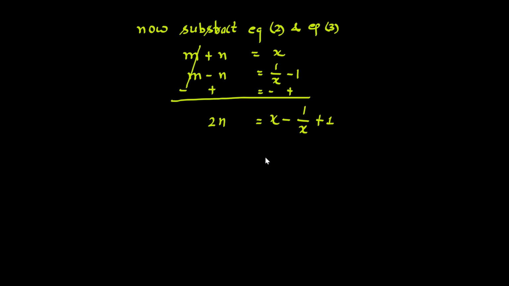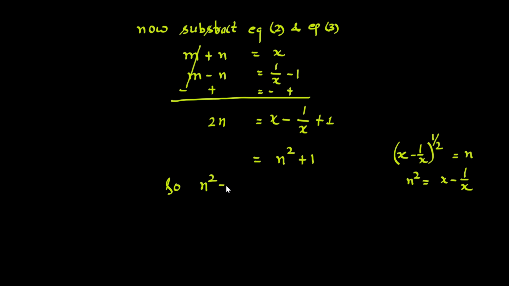So we can write here (x − 1/x), as we have already assumed (x − 1/x)^(1/2) is equal to n. So we can write n² is equal to x − 1/x. So we can write it here: it will be n² + 1, so n² − 2n + 1 is equal to 0.